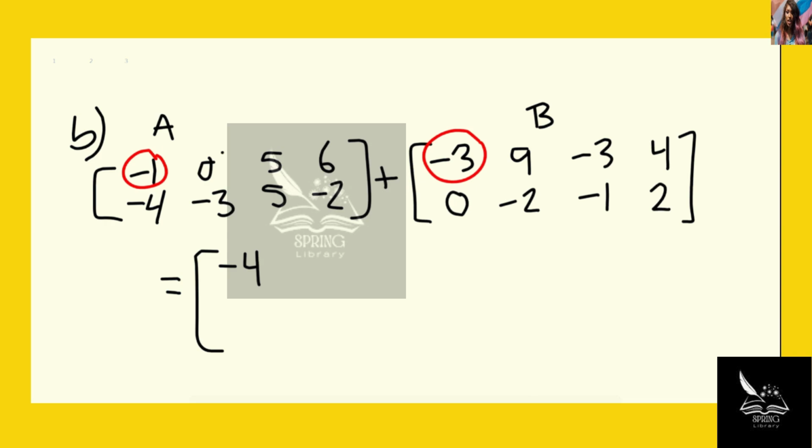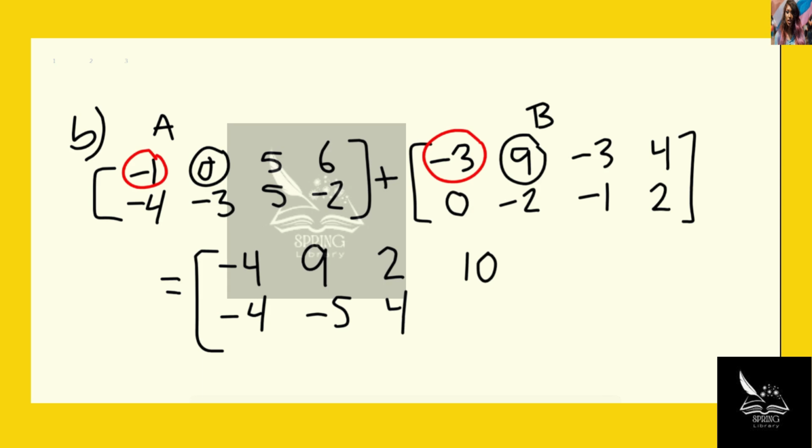Okay, and then the same thing. So row 1, column 2, 0 plus row 1, column 2, 9 is going to give our result of row 1, column 2 is equal to 9. And then we can kind of zip ahead, and once we do all these corresponding summations here, the final result will look like this.